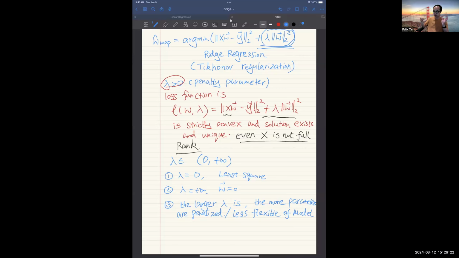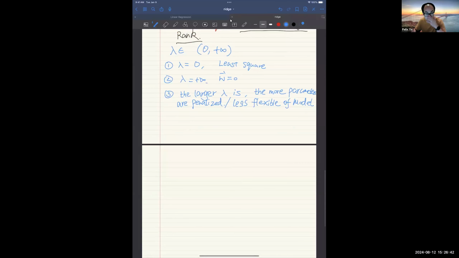Think about it this way: if it is less flexible, there will be less overfitting. If it is more flexible, it will be more likely to overfit. Sometimes we want our model to be less flexible, because too much flexibility is not good and gives you overfitting problems.